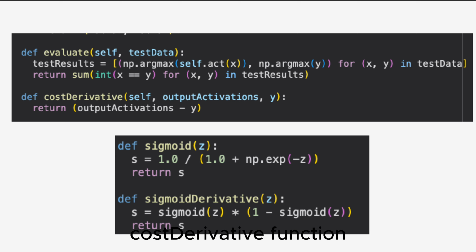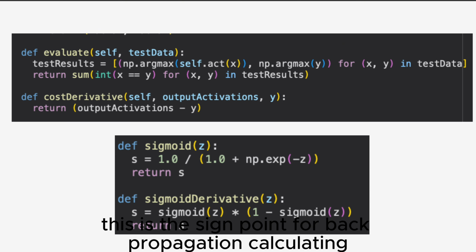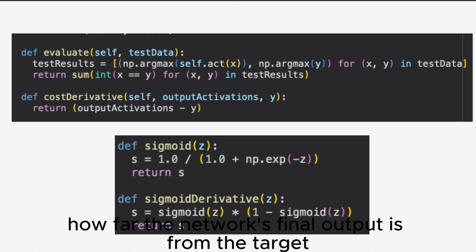Cost derivative function. The role is to detect the error. This is the starting point for backpropagation, calculating how far the network's final output is from the target.